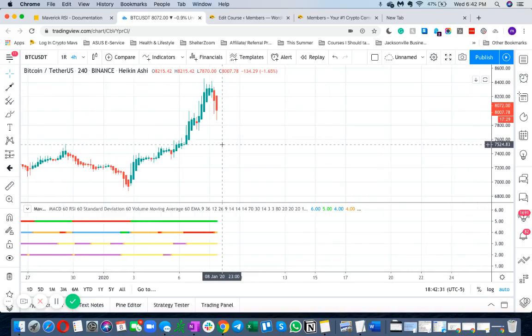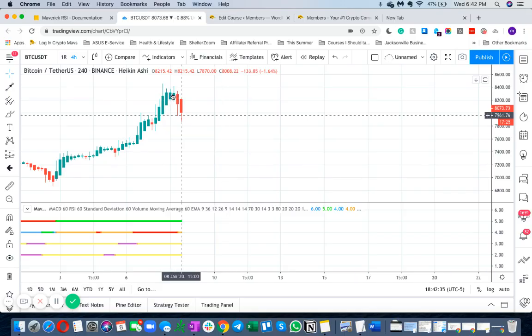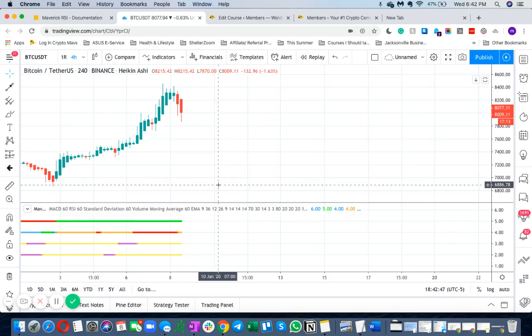With those two or three things in mind, I knew that probably something was going to have to give here. Either price was going to trend higher, but because the RSI has been overbought, it's probably more likely that it's going to reverse in the opposite direction.